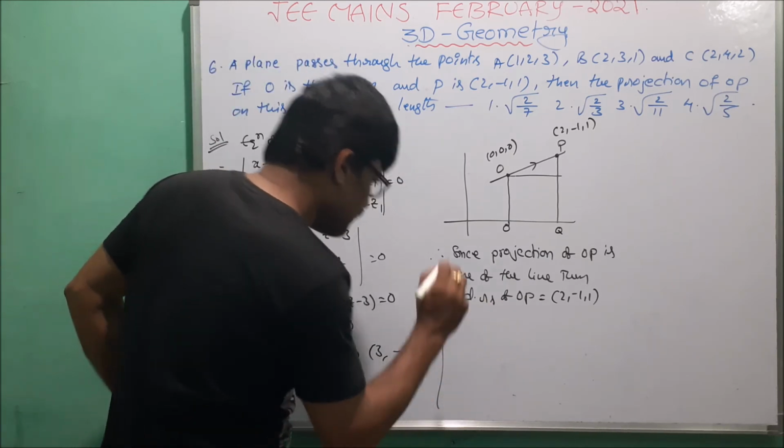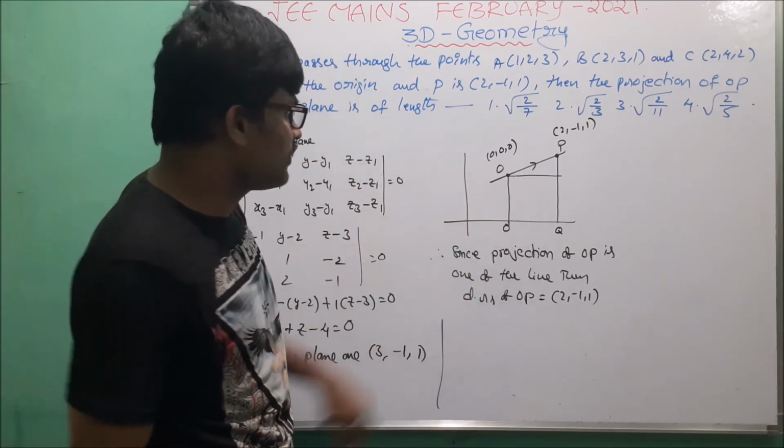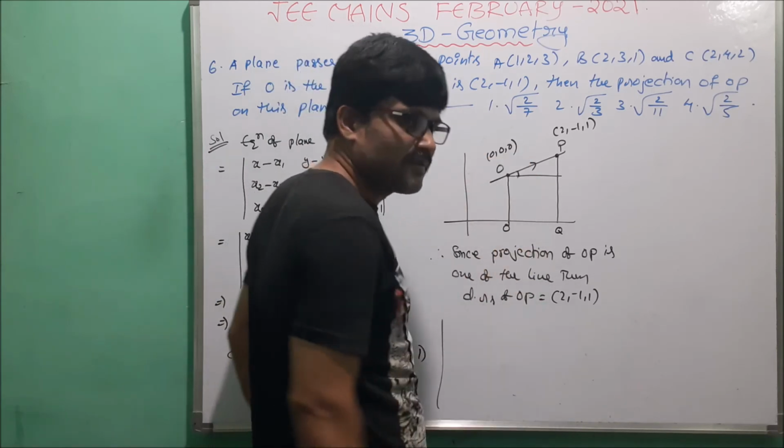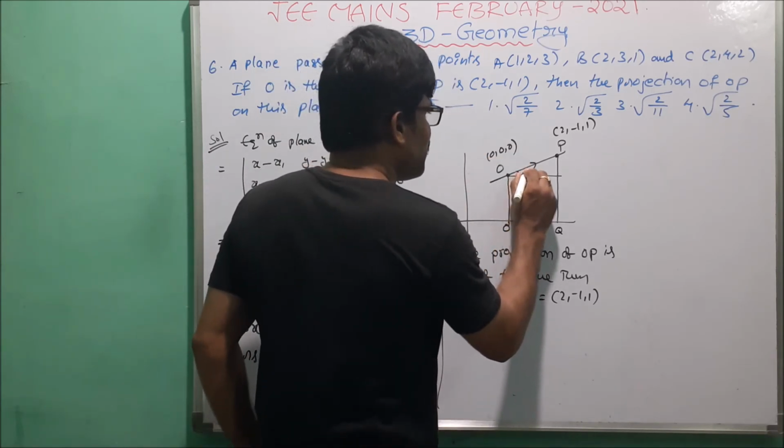Now we get the angle between this plane and line. Let me take it as some alpha.